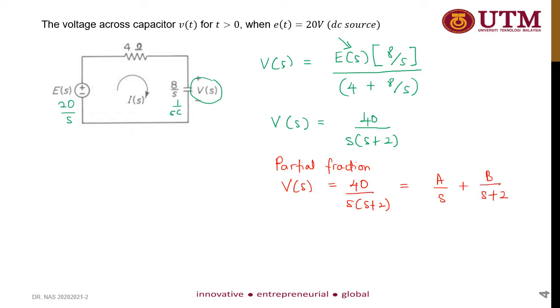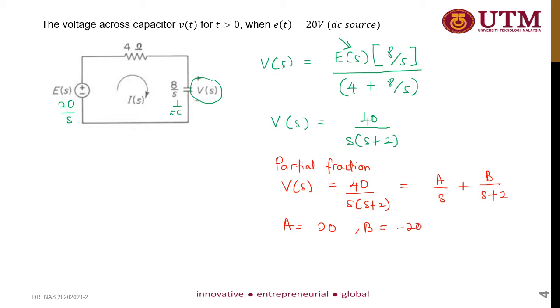Determine what is A and B, and finally you should get A equal to positive 20, while B equal to negative 20.